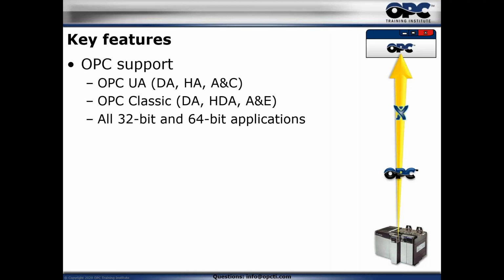In order to do that, we need to support OPC UA. We also need to support OPC Classic. Of course, we need to support all the specifications within them: data access, historical data access, and so on. We shouldn't have to care whether we're connecting to a 32 or a 64-bit application.